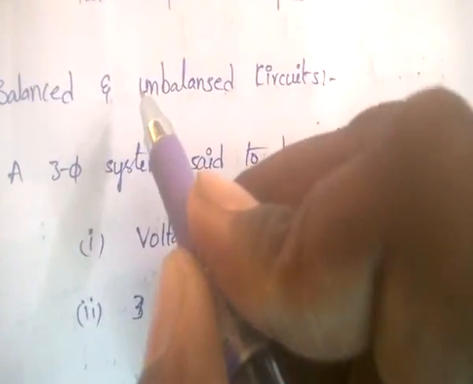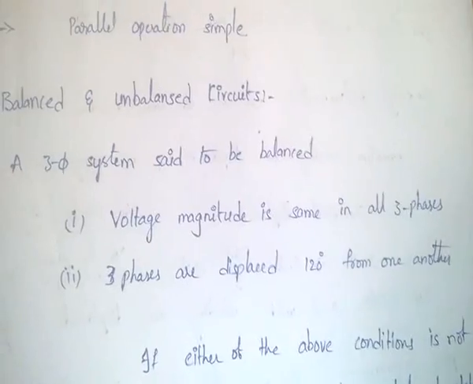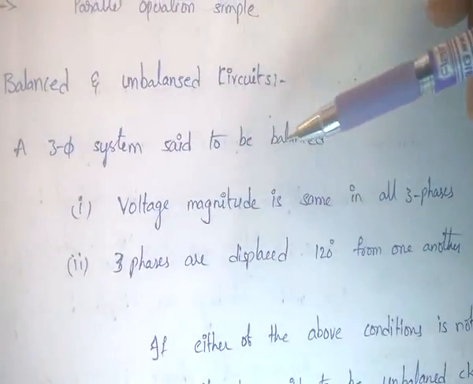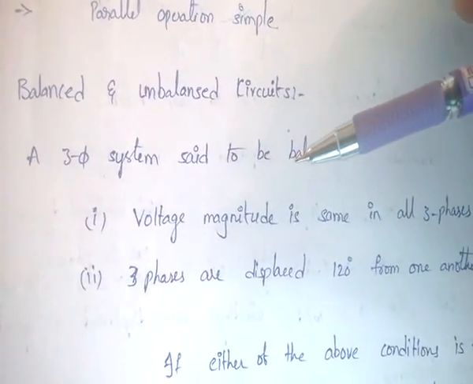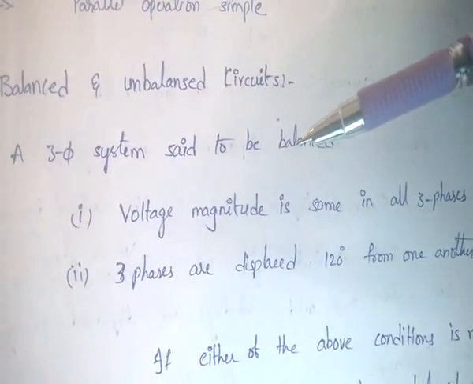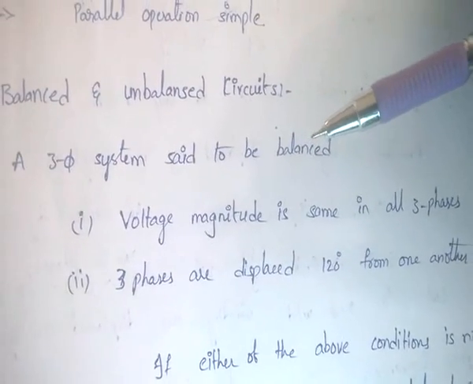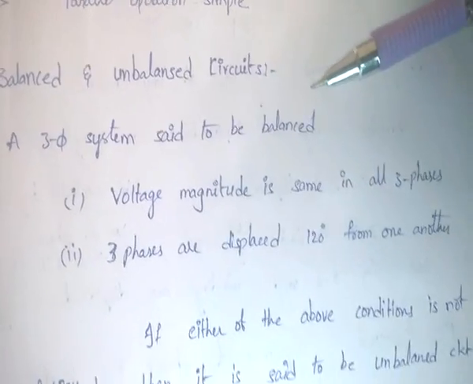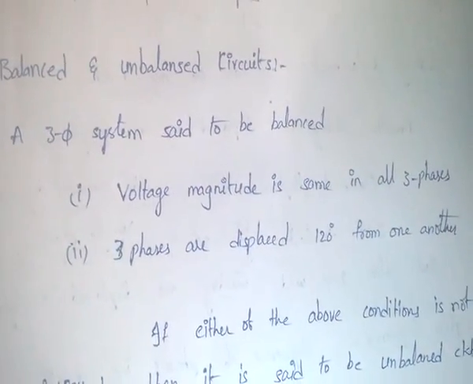What is a balanced and what is an unbalanced circuit? A three phase system is said to be balanced if it follows two points. First, the voltage magnitudes are the same in all three phases, that is VR equal to VY equal to VB.